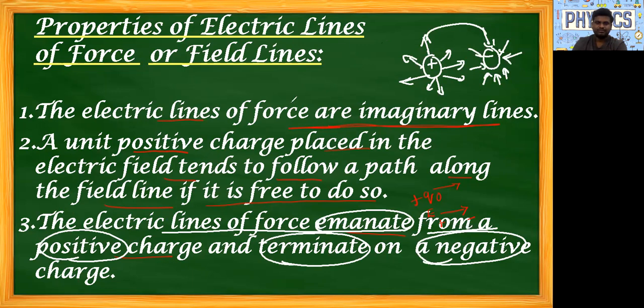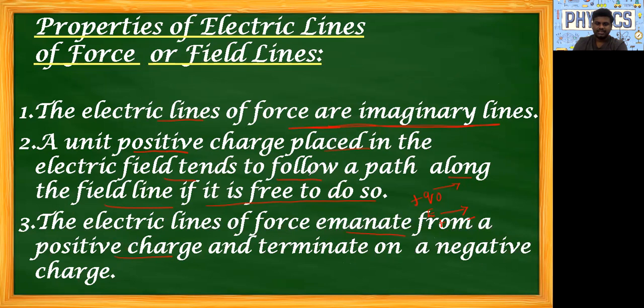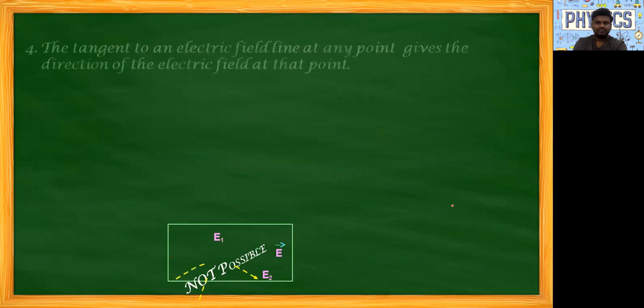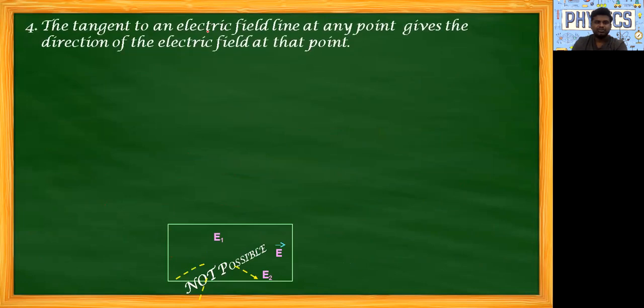Now we'll see the fourth point. The tangent to an electric field line at any point gives the direction of electric field at that point.